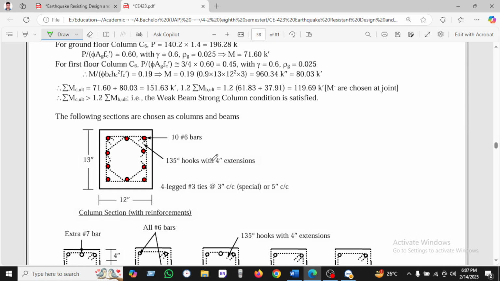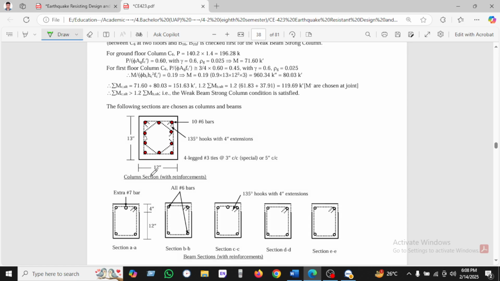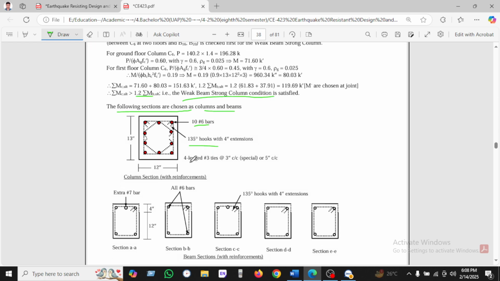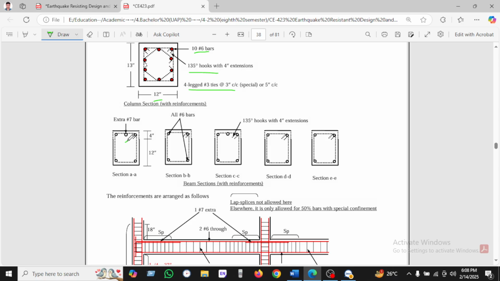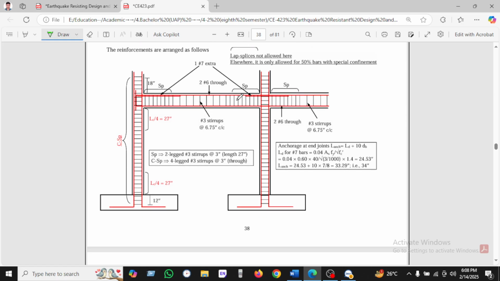After all the calculation is done, we have chosen the following column: 10 number 6 bars, 135 degree hooks, and 4 legs of size 3 inches. We have also used extra number 7 and number 6 bars. This is the final diagram.